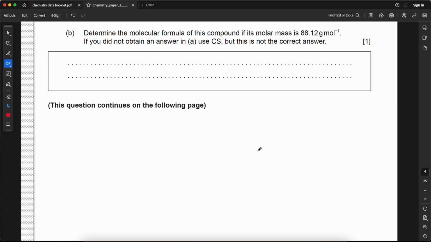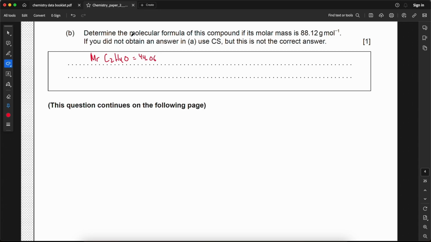Determine the molecular formula of this compound given its molar mass, 88.12. So Mr of our empirical formula, which is C2H4O, is 44.06.